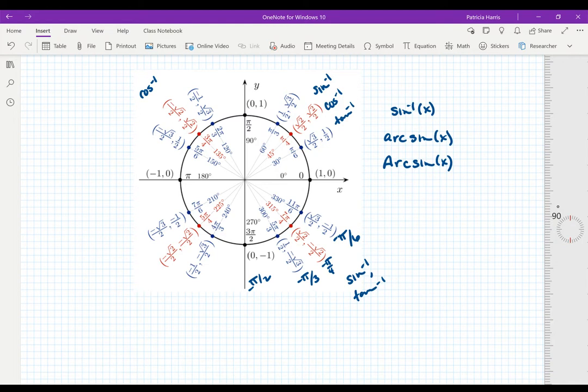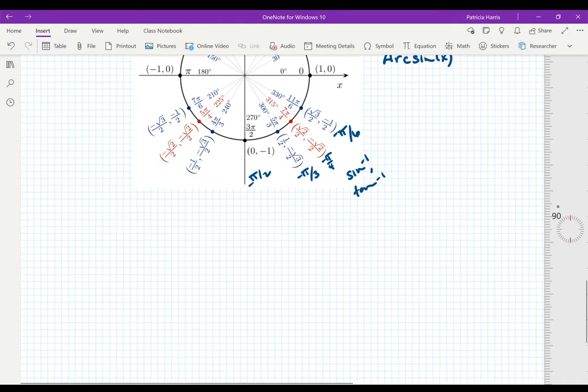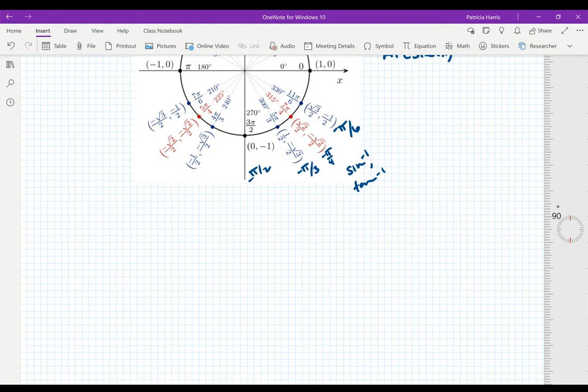Okay, now, so let's go through the differences between me asking you what cosine of an angle is versus me asking you what cosine inverse of a value is. Okay, so when I ask you sine, cosine, and tangent, what's going on is your x value is always an angle.